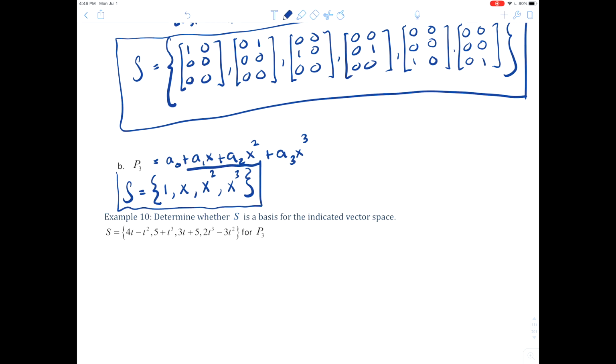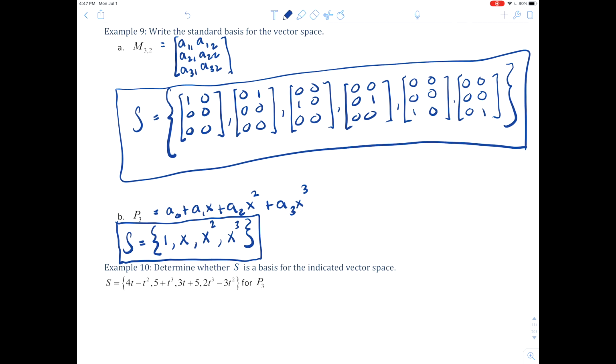So let's take note of these bases. Do you see the standard basis for P3 has 4 vectors? So every basis for P3 will have 4 vectors.